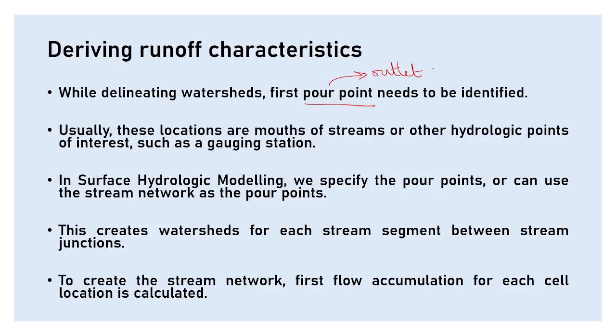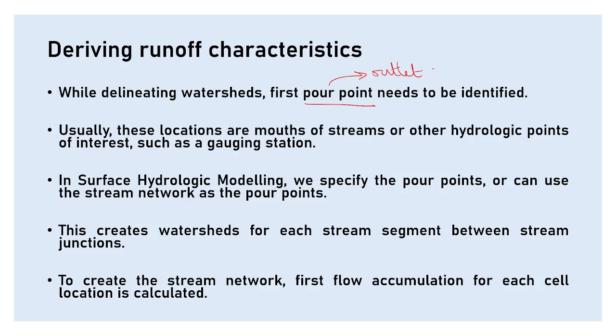In surface hydrologic modeling, we specify the pour points. The pour point need not be one, it can be more than one, or you can use the stream network as the pour point. If not, then we use the stream network to say that this is the pour point. This creates watersheds for each stream segment between stream junctions.